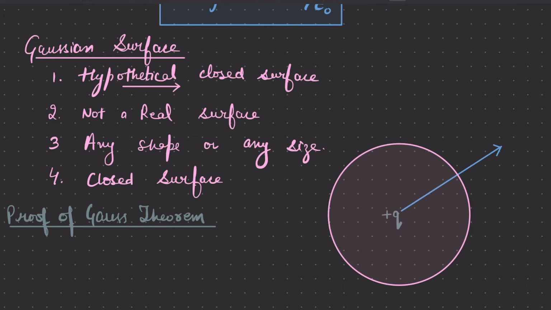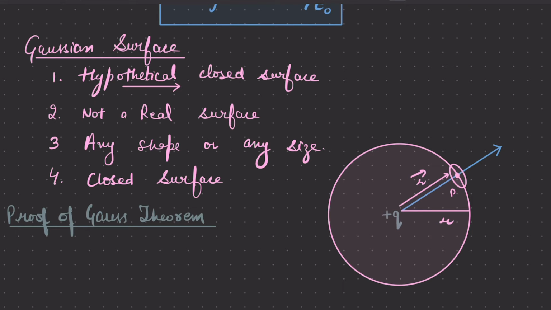Let us say that this Gaussian surface has a radius r, and I want to represent the point of observation over here as P. So this is my point of observation. Now the radius is taken as r, so I will represent the distance of point P as r vector from the center of the Gaussian surface.